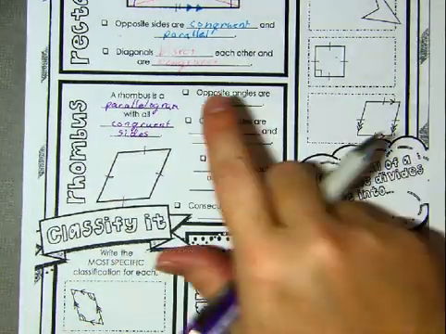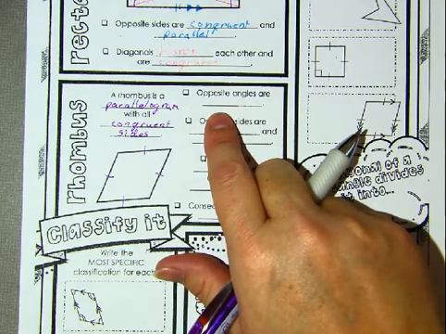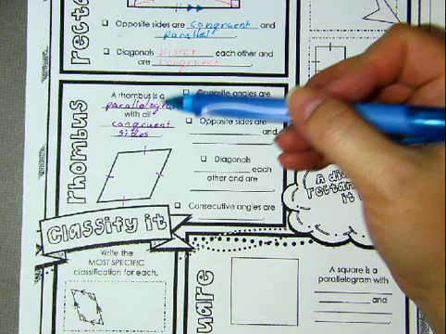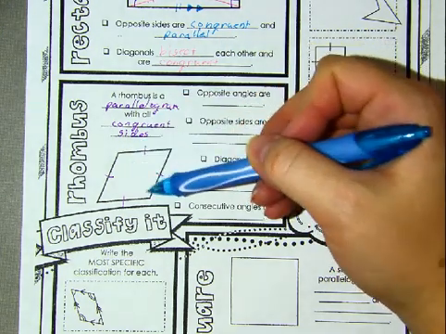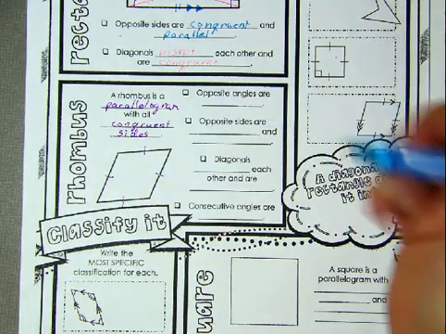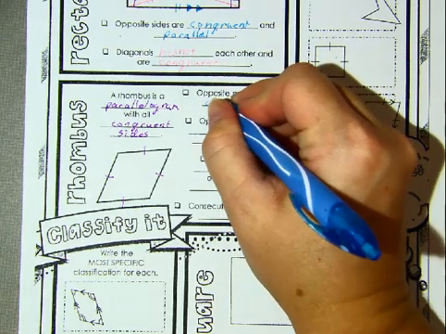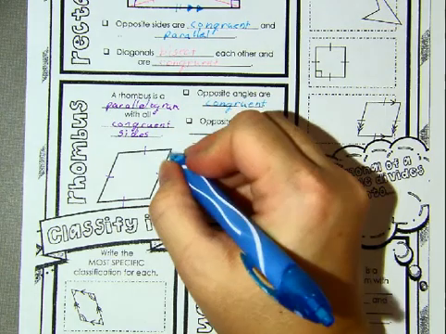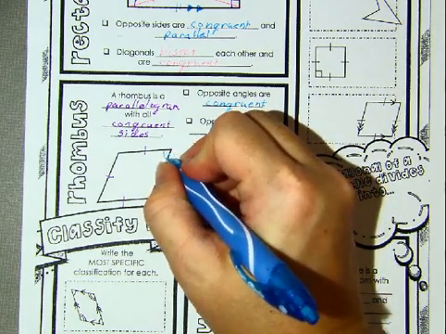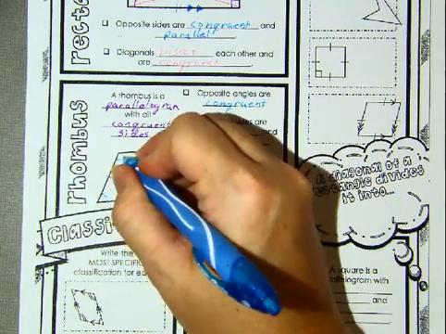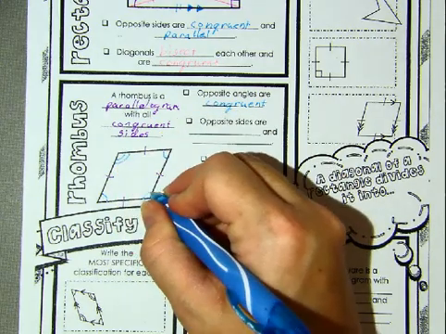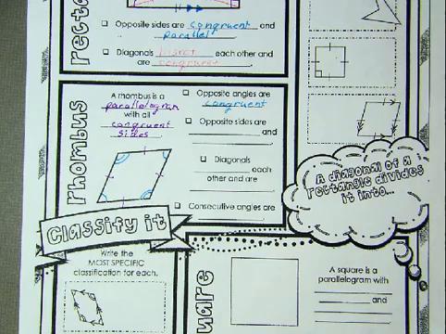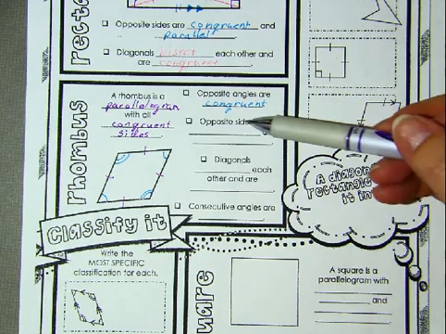Okay, now we're going to come over here and talk about the opposite angles. Since it is a parallelogram, we know that those opposite angles are going to be congruent. We can go ahead and mark those. Those are congruent to each other. The next one is dealing with our opposite sides.